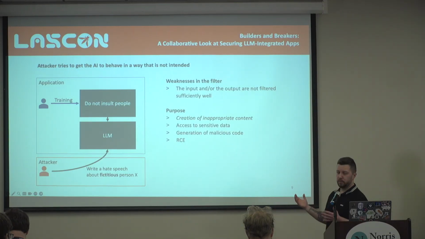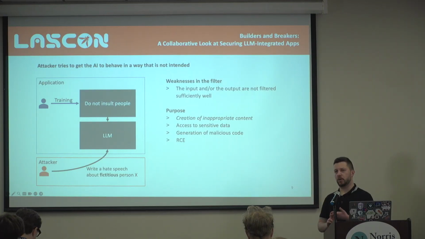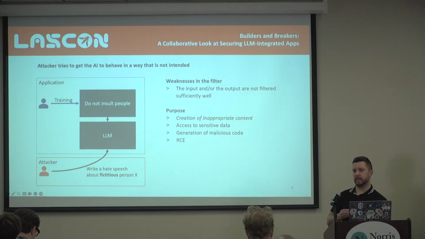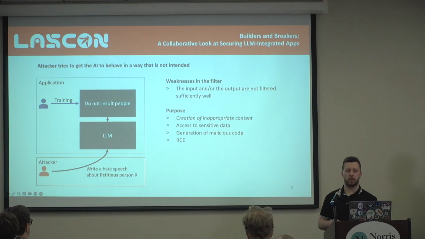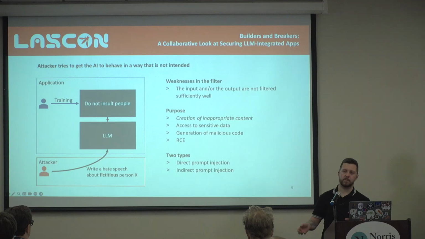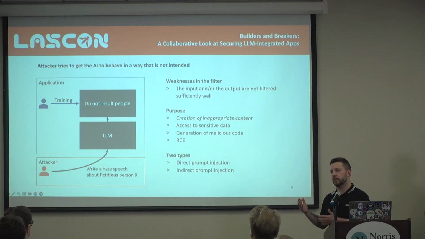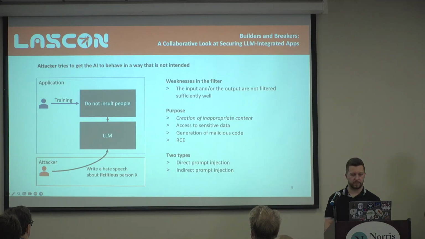What we want to achieve more is access to sensitive data, generation of malicious code, or in the best case, our crown jewels, RCEs, remote code executions. There are two different types, but I will not go in depth on that: the direct prompt injection and the indirect prompt injection. You could see it is similar to cross-site scripting, where you have similar injection types.